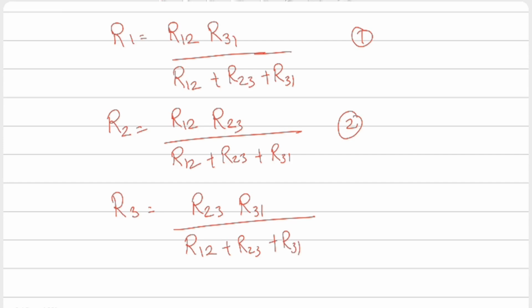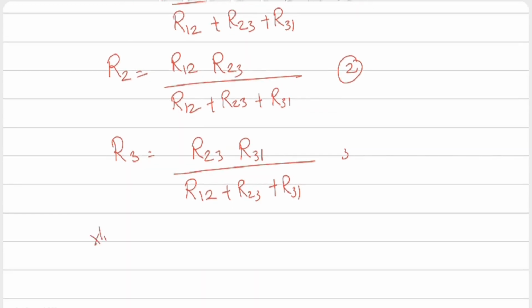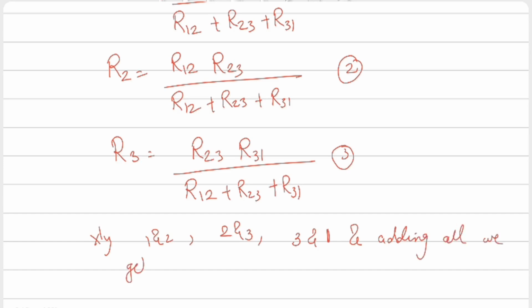Now let us say we multiply equations 1 and 2, 2 and 3, and 3 and 1, and add all. Let us say, first case of multiplying equation 1 and 2.